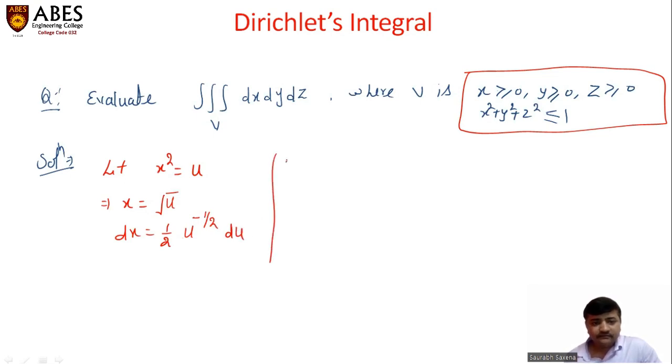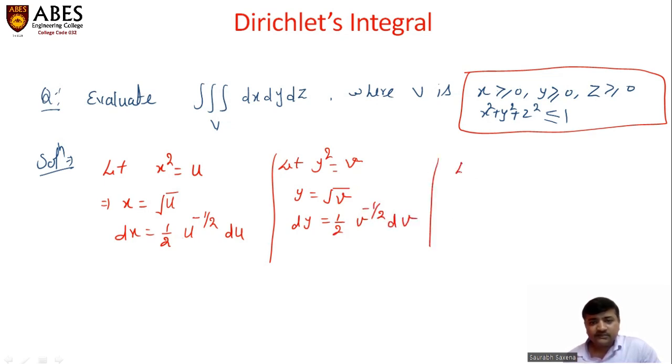In the same way, let y square be equal to v. So y is equal to root v, and dy is equal to 1 by 2 v to the power minus 1 by 2 dv.